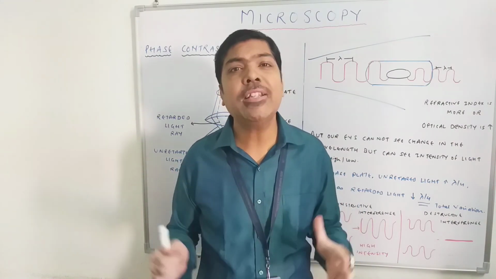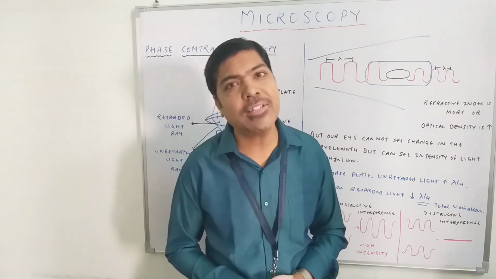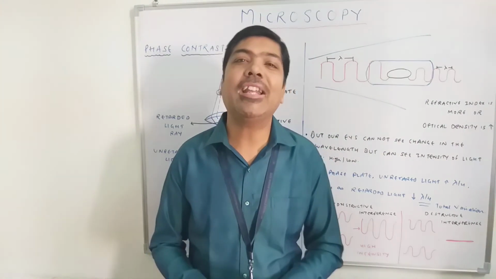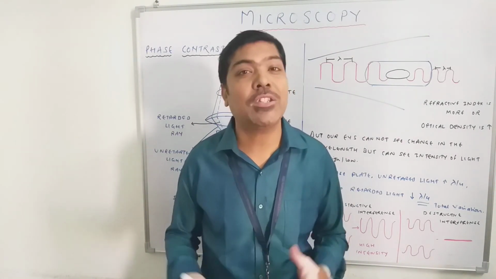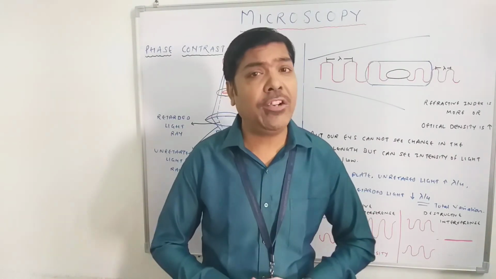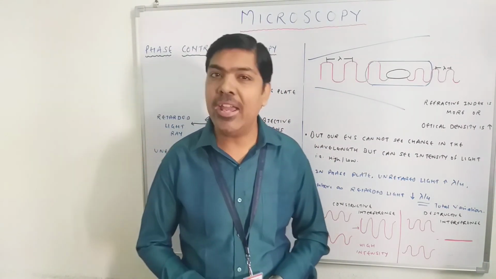As a result, a very clear contrast will be generated, and because of that contrast, whatever cell or organelle we need to visualize can be easily seen with the help of phase contrast microscopy. Summarizing, phase contrast microscopy is a very essential tool in the field of microbiology, in which we are able to see the cells under live condition.